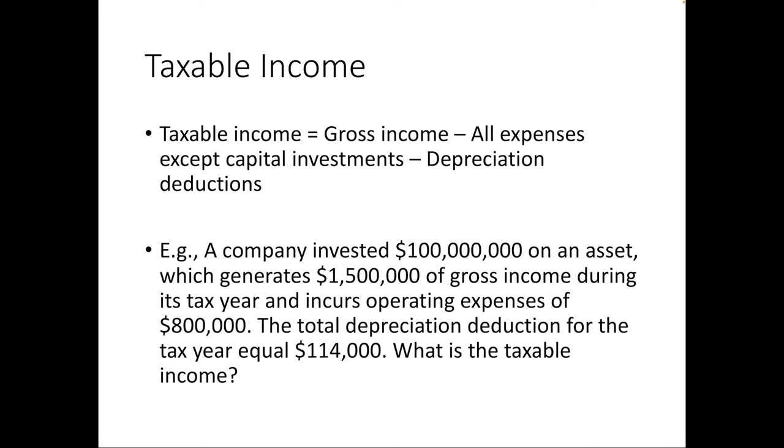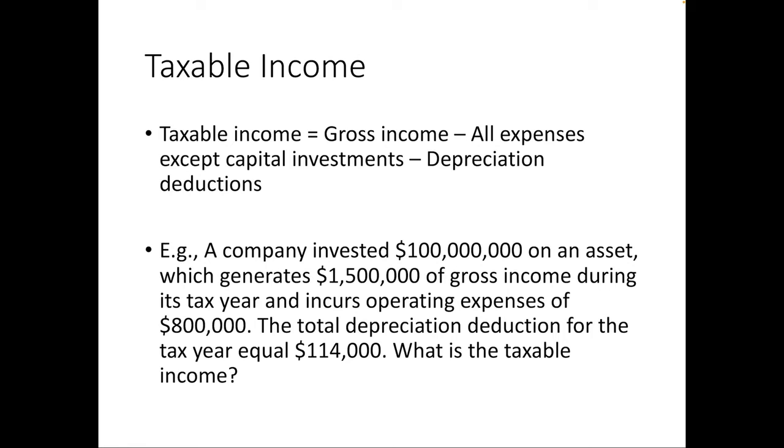So taxable income is, if you're running a business, you have your gross income, which is the money you receive in your cashier every day, or in your account every day, and that is called gross income. And the gross income needs to minus all expenses, right?